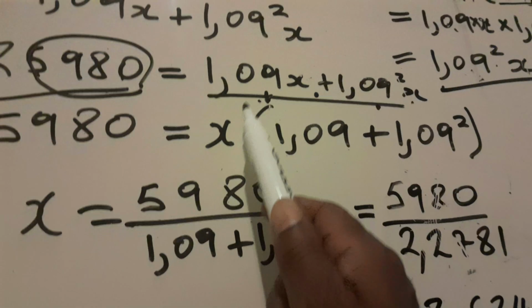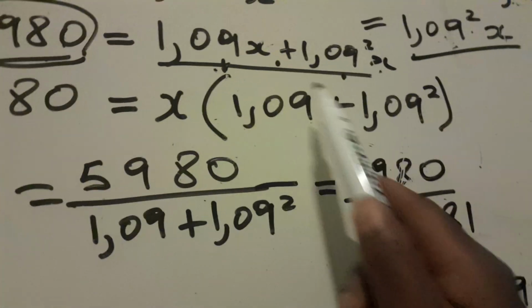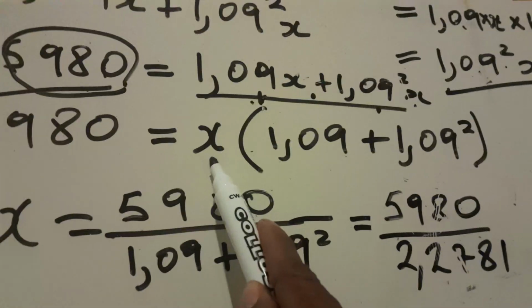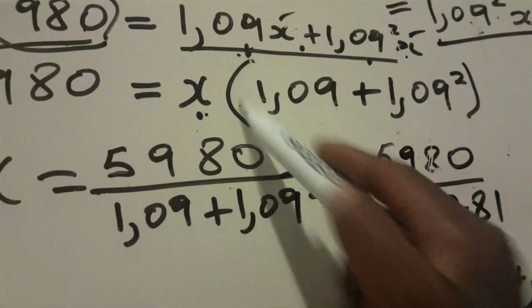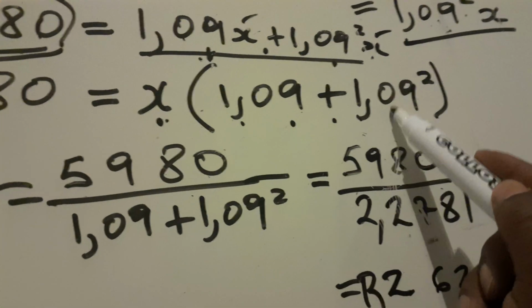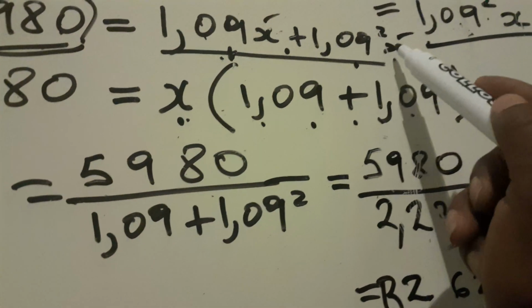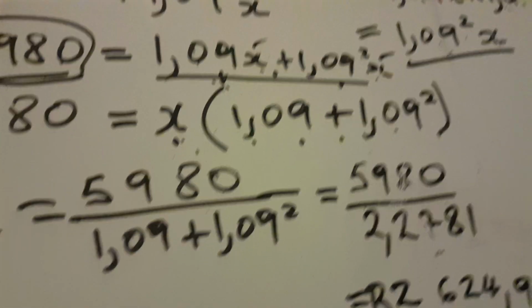So I'm going to use a simple mathematical trick there. Factorizing, take out x because I see it there and there. So it's x brackets, then I'm going to have 1,09 plus 1,09 squared. I've factorized out x. Okay.